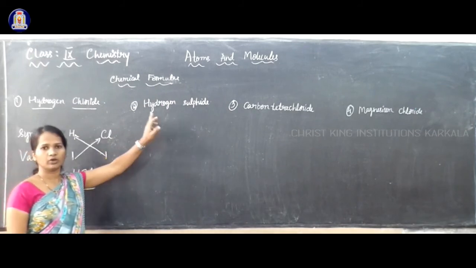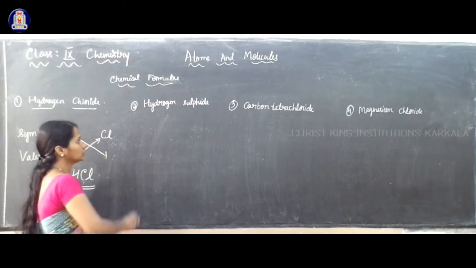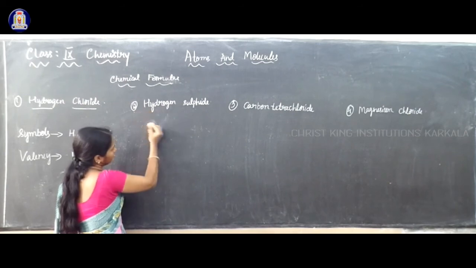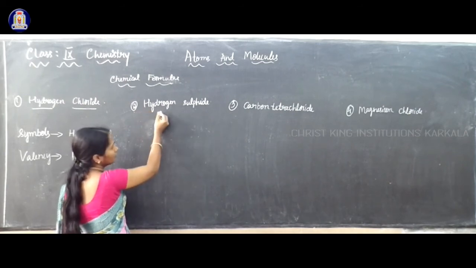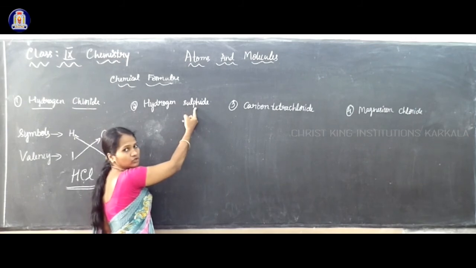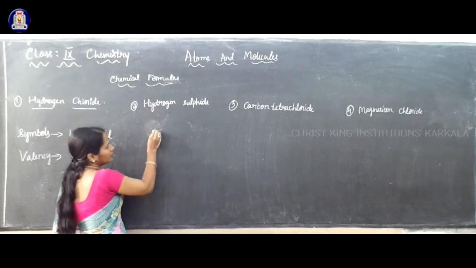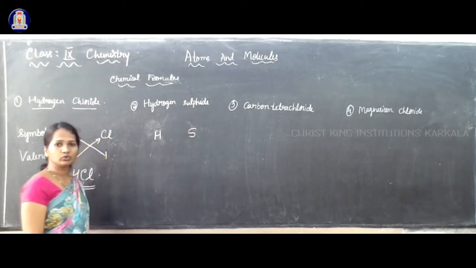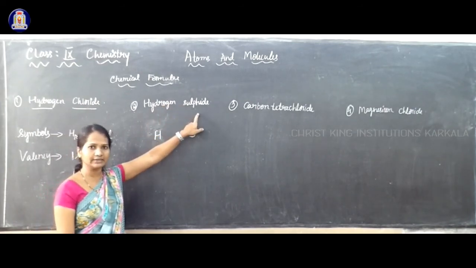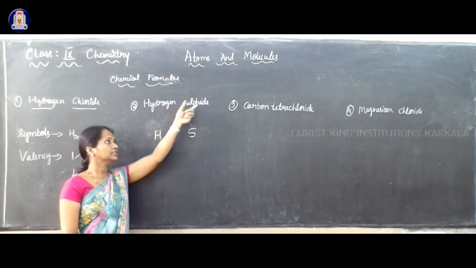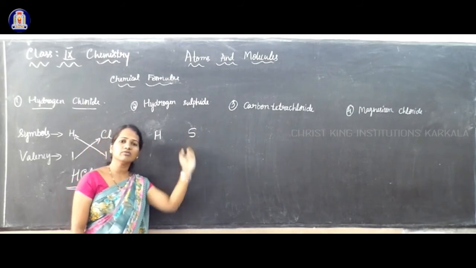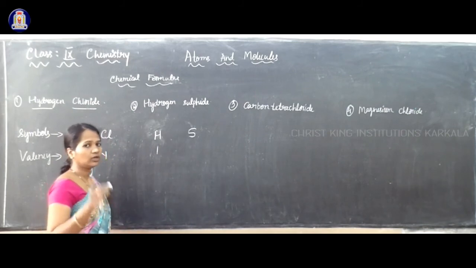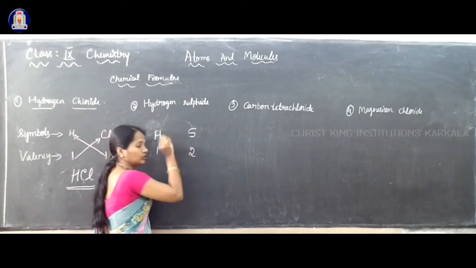Come to the next compound, hydrogen sulfide. The two elements present are hydrogen and sulfur. Their symbols are H for hydrogen and S for sulfur. The valency of hydrogen is 1, the valency of sulfur is -2, but usually we write just 2 and don't write the charge.